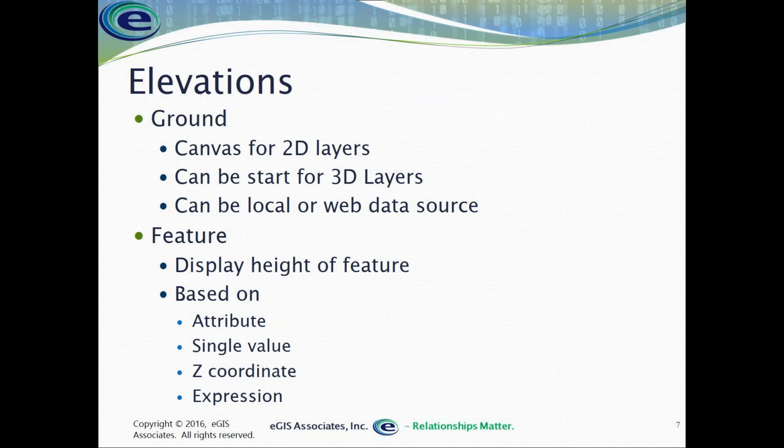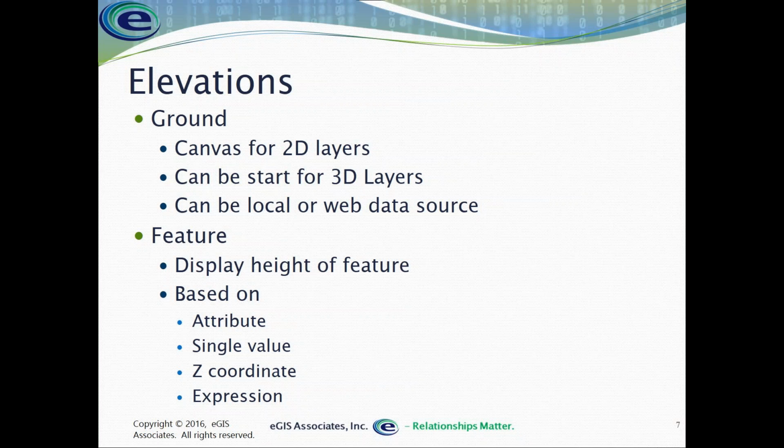Once you've got your ground established, then you've got to figure out how do you show your features in 3D, if they're a 3D feature. Are you going to have it based on a field? Is there an attribute that says that's how high something is? Are you going to show everything on a single height? Do you actually have a Z coordinate collected?